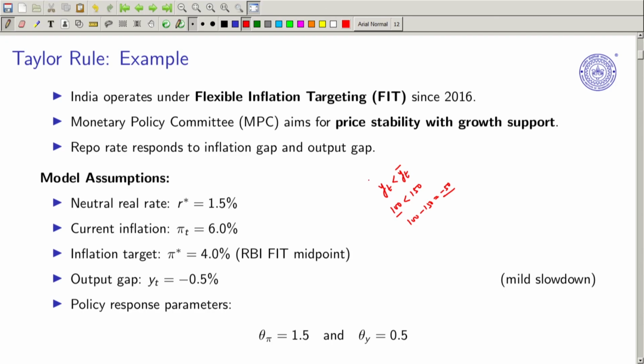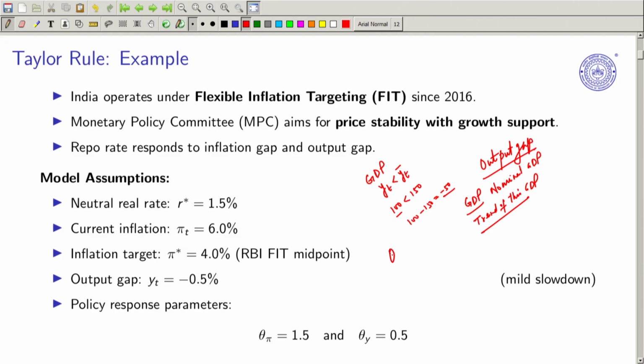So the output gap you can calculate through some filters, right? I think I explained this in class. You can take the actual GDP data, the nominal GDP, and extract the trend of this GDP.